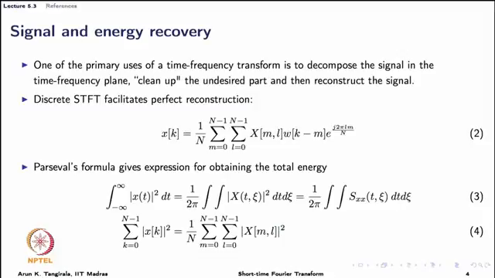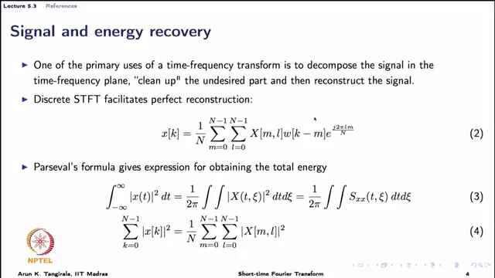The signal and energy recovery are fairly straightforward. Essentially, they have the same properties as those of the DFT. In DFT, we were able to recover the signal exactly, and we had a 1 over N in the recovery expression, or the synthesis expression, for the inverse discrete Fourier transform, and that is exactly what you see here. I have 1 over N, and of course, I need a double summation because I am reconstructing from a 2-dimensional function. Notice that in the reconstruction I have e to the j, and in analysis I have e to the minus j.